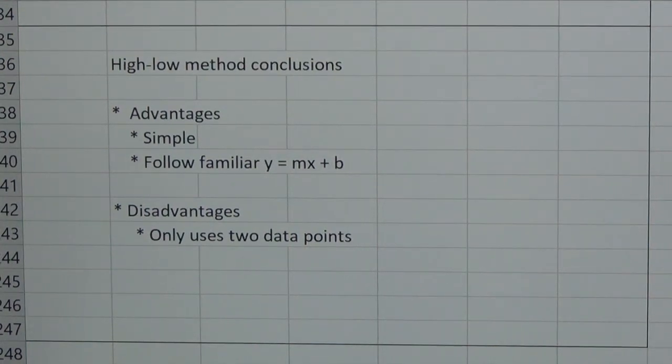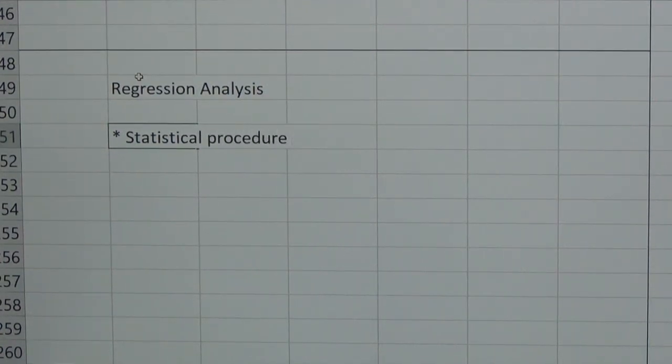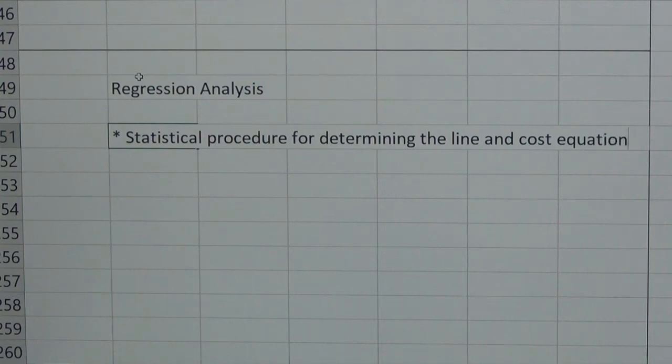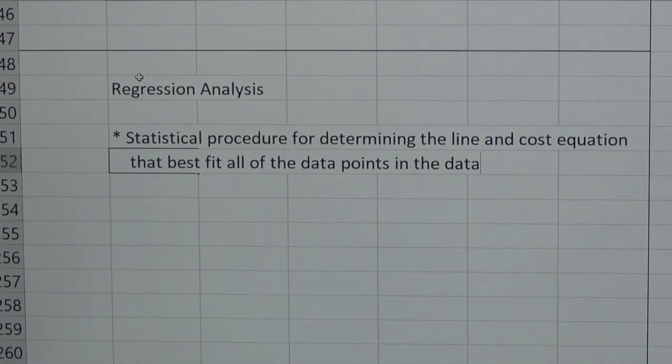Okay, so the next way we can analyze information is what's called regression analysis. When we talk about regression analysis, we're talking about a statistical procedure for determining the line and cost equation that best fit all of the data points in the data set.